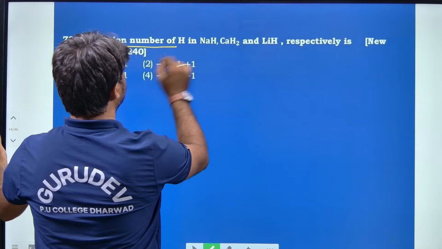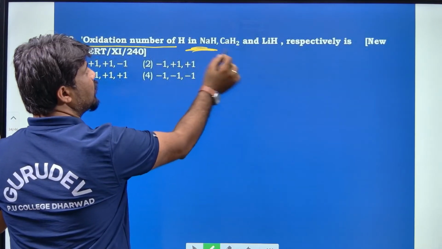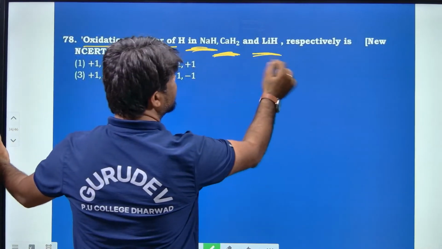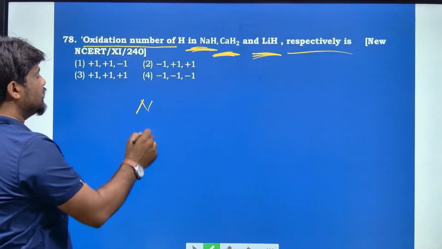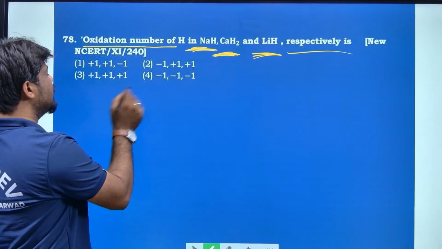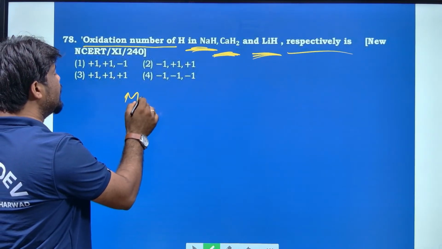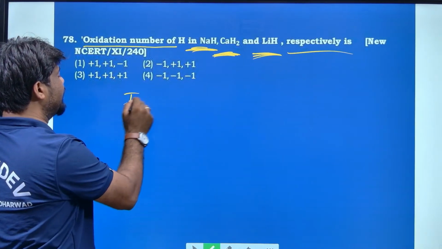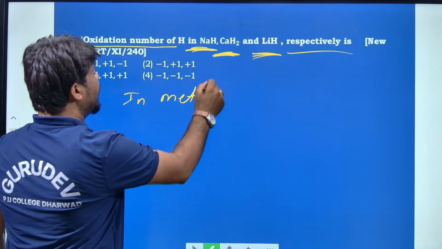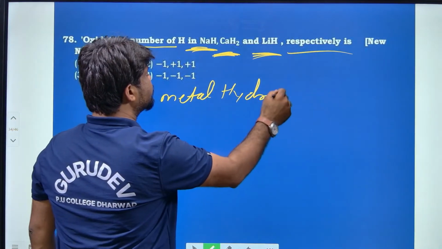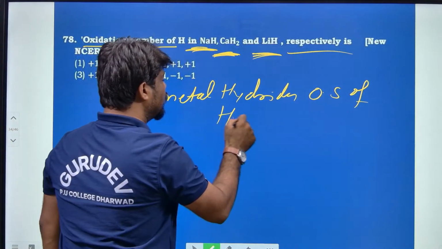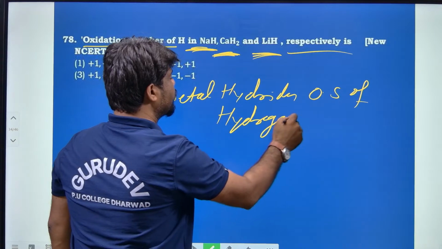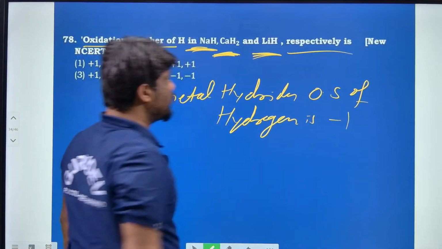The oxidation number of the hydrogen in hydrogen iodide, calcium hydride and lithium hydride respectively. So we know the general statement: in metal hydrides, the oxidation state of hydrogen is -1.